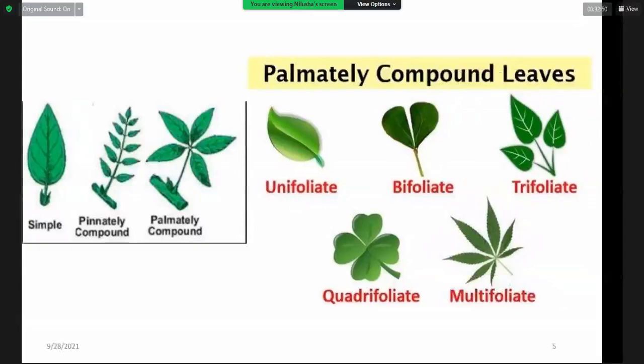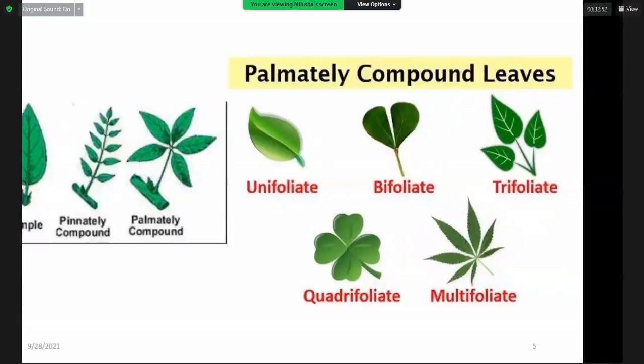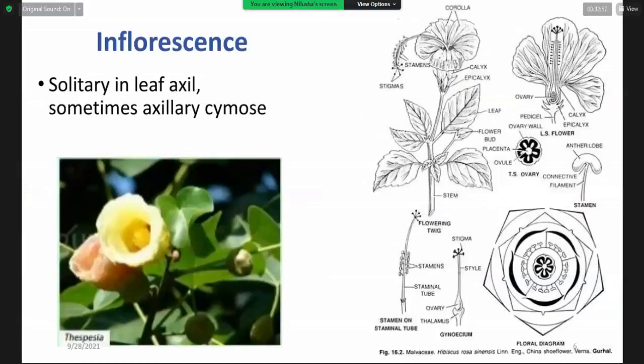Now we are going to see the inflorescence found in the Malvaceae family. Inflorescence is solitary in the leaf axil, and sometimes it may be axillary. What is solitary? Can anyone tell? Single flower. Yeah, solitary means just one flower on the peduncle.